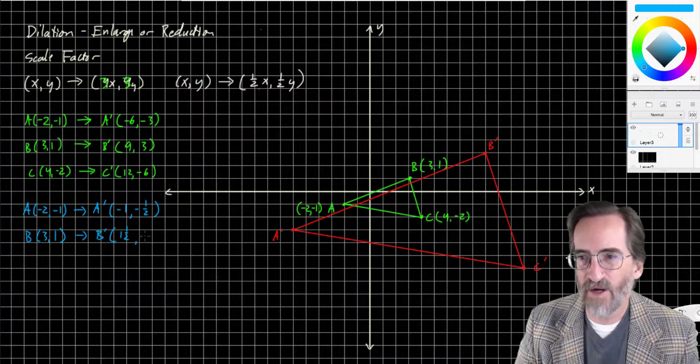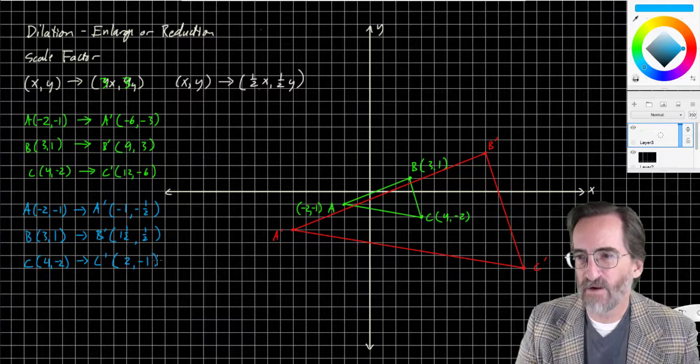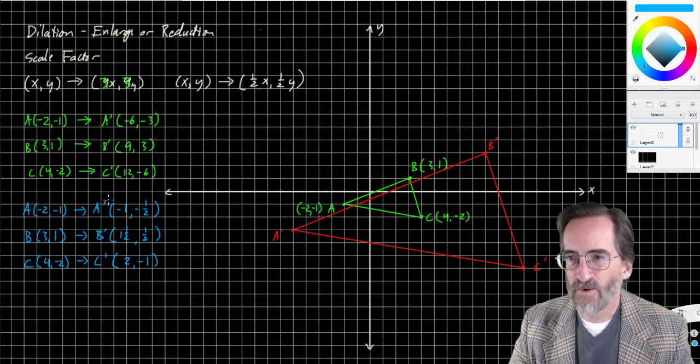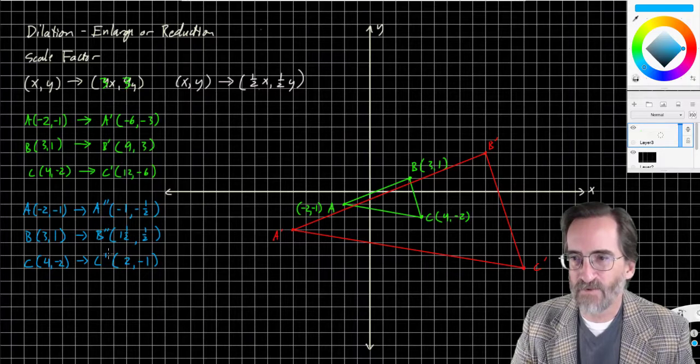1.5, 1/2. C is 4, -2. C prime is 4 divided by 2, which is 2, and -2 divided by 2, which is -1. So here we go. A prime, then we'll call this double prime to distinguish it from the others.